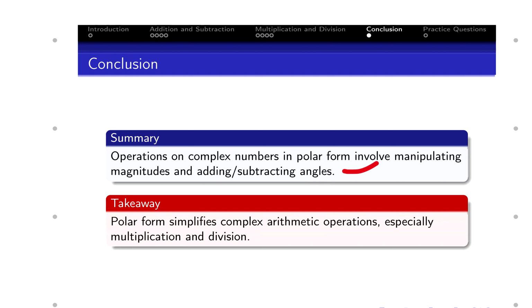But then for the angles, when you're multiplying, you add angles. When you are dividing, you subtract angles because they are exponential in nature. And the takeaway from here is that polar form simplifies complex arithmetic operations, especially multiplication and division. And in the future, you're going to see how that is going to help in so many areas.